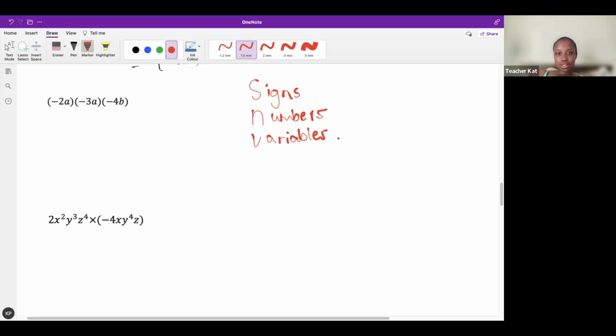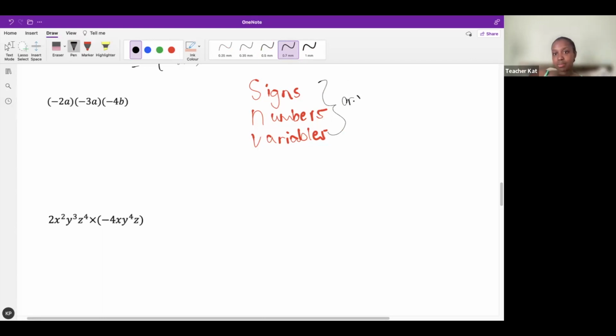All right, so this comes in very greatly when we are doing what we are doing right now. As you can see, we have a bunch of negatives and positives and variables and numbers. So this is the order which you use to solve these.